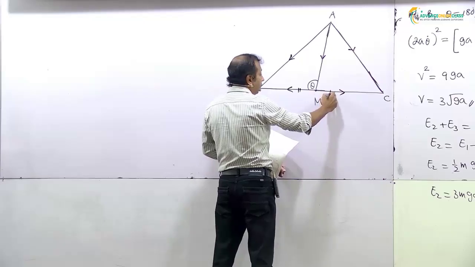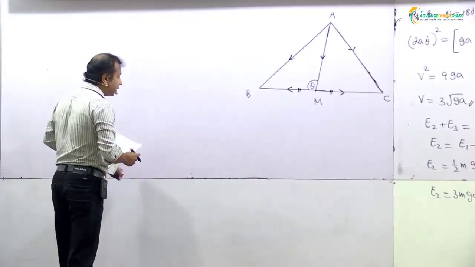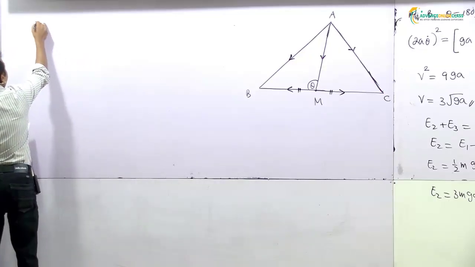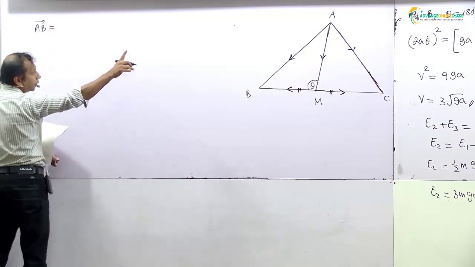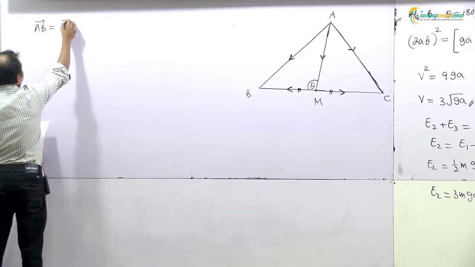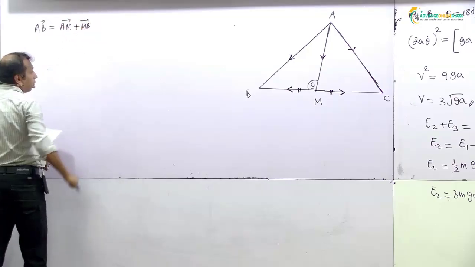Therefore, this length and this length should be equal. Then first I can write AB vector as AM vector plus MB vector, by triangle law.